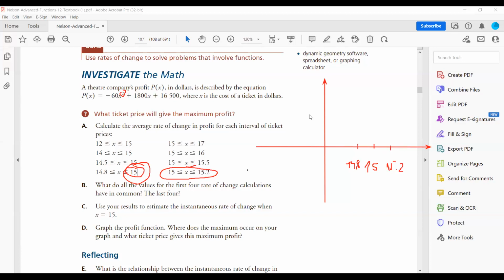When we evaluate instantaneous rate of change, we use a shrinking interval in order to do so. And that's exactly the case. We're basically shrinking this interval to this point 15 and getting an instantaneous rate of change. If you evaluate the rate of change from 14.8 to 15.2, you would see that it's getting close to 0.